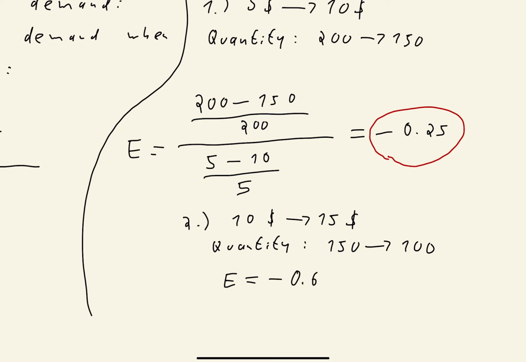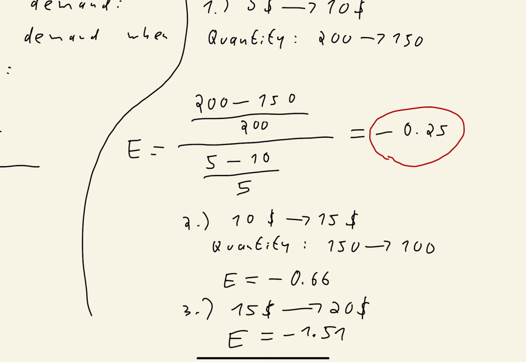In the third step, we consider a situation where the price is going from $15 to $20. If we plug in again, we have approximately minus 1.51. This is then the elasticity if the price increases from $15 to $20.